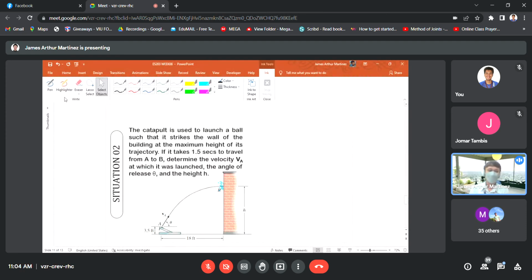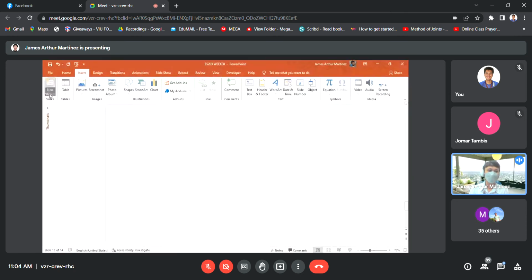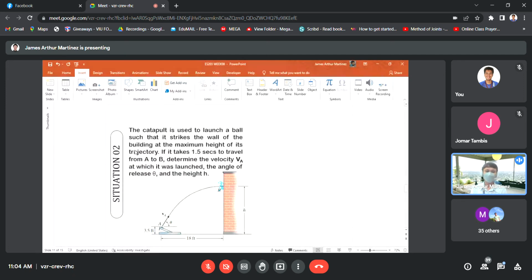We have here situation 2. I will just add slides or blank spaces to accommodate our solution. A catapult is used to launch a ball such that it strikes the wall of the building at the maximum height of its trajectory.